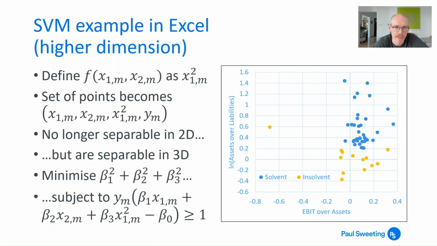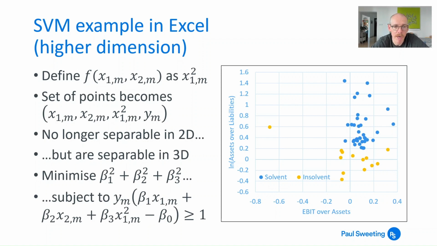An alternative is to slightly redefine the data. So create an extra dimension defining the f of x1m, x2m as just x1m squared. Then the set of points for each observation is x1m, x2m, x1m squared, and ym. This data might not be separable in 2 dimensions, but it is separable in 3 dimensions.